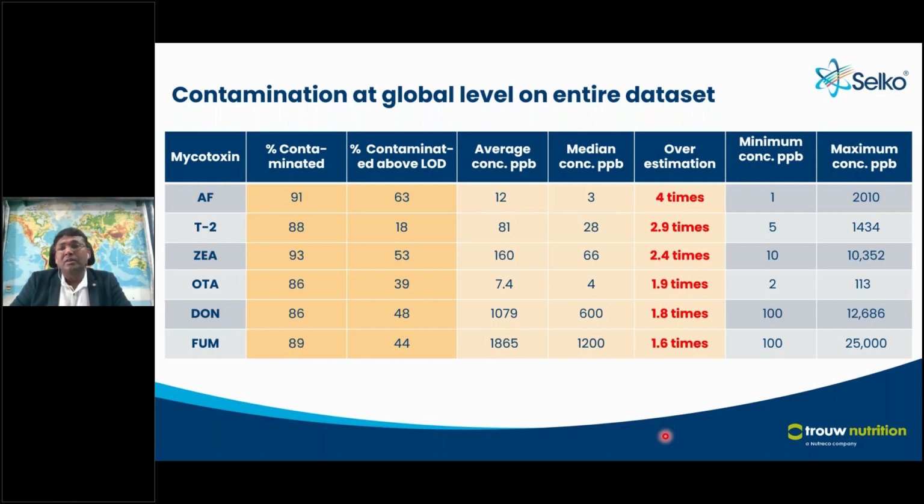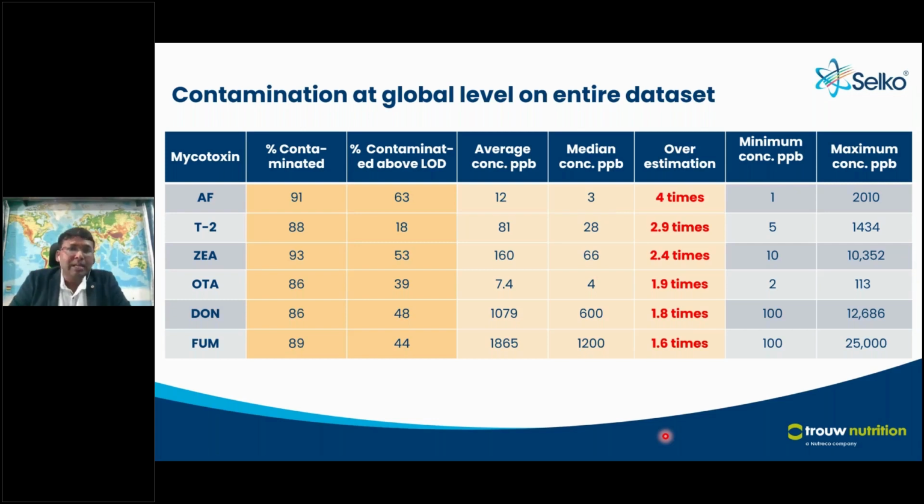Because a few samples, for example the maximum concentration of 2010 ppb of aflatoxin, which is very rare to see, but even if 4 or 5 such samples come into the picture due to a hotspot and whatever the reason, all of a sudden your average goes up significantly. So for me, the median is the better way. You are coming to the center of the data point. Representation is better than the average. So you see a little bit more why it is important.